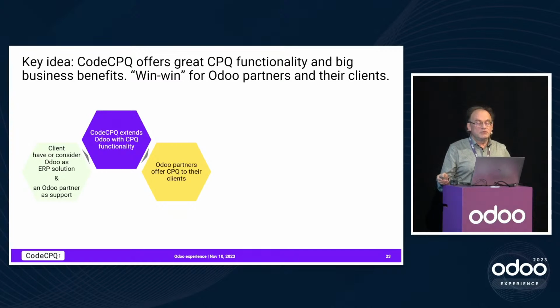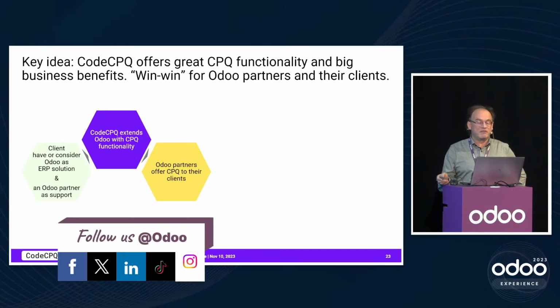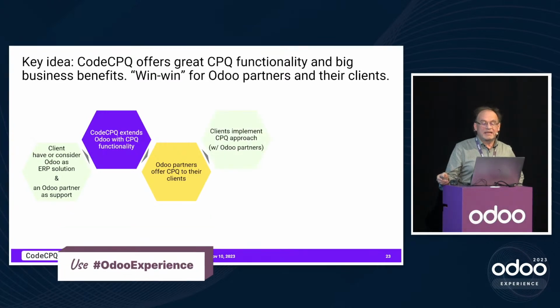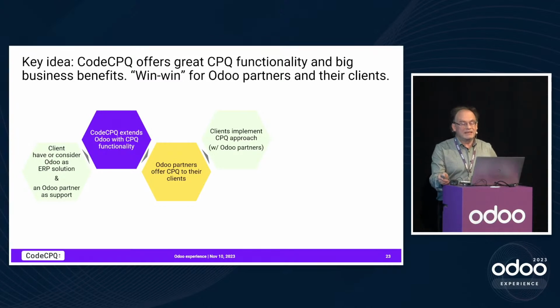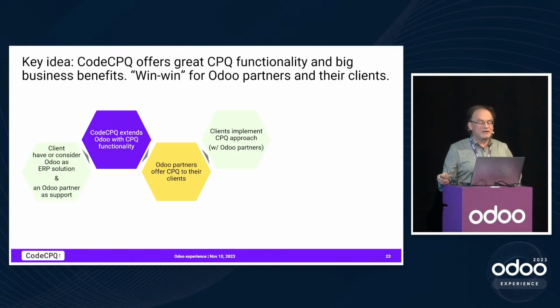With CodeCPQ, you as an Odoo partner can offer this solution to your customer. Your customer can implement the CPQ approach, most likely together with you as Odoo partner, because customization and also sophisticated CPQ configuration require your Odoo competence.